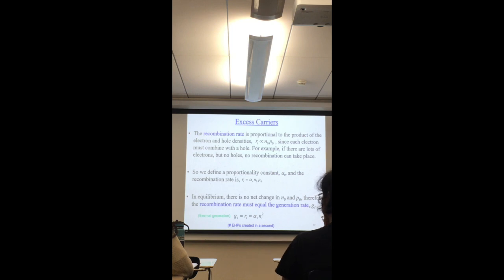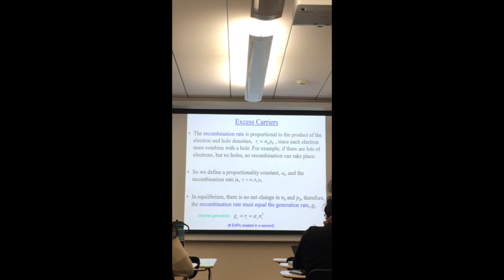So now let's try to quantify these processes. We have the recombination rate. It's proportional to the product of the electron and hole density. We can use the symbol R sub i to represent the recombination rate, so it's related to the electron and hole density, p naught and n naught.